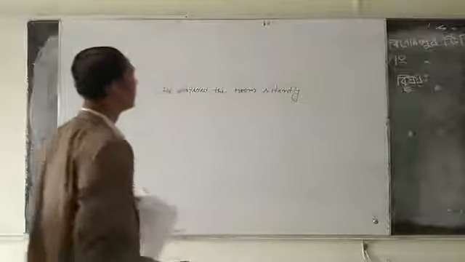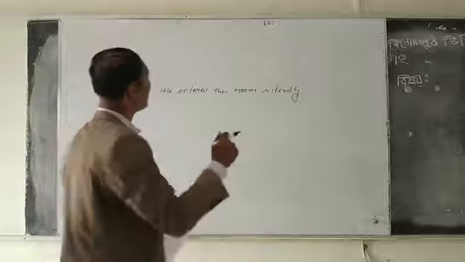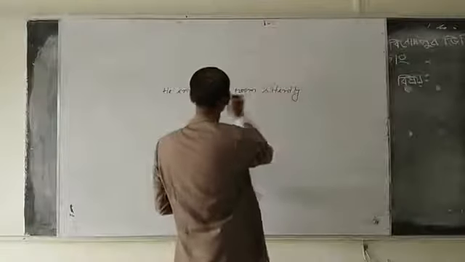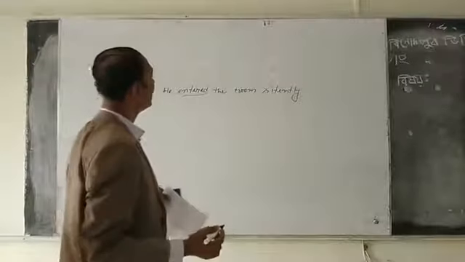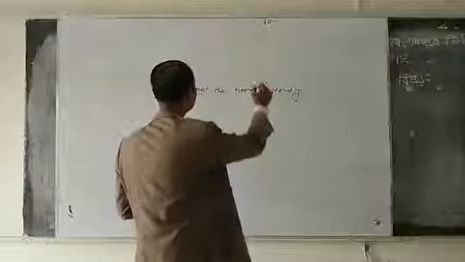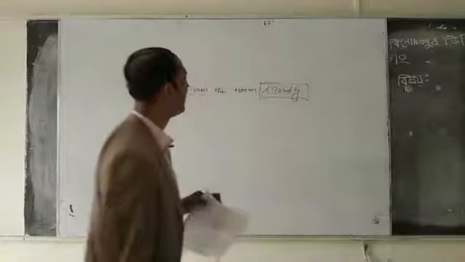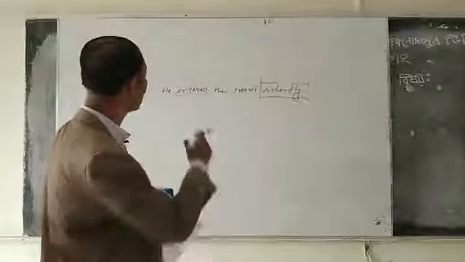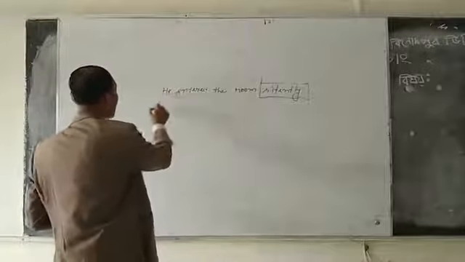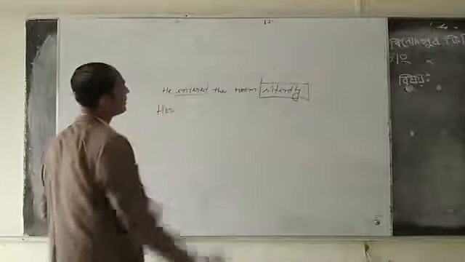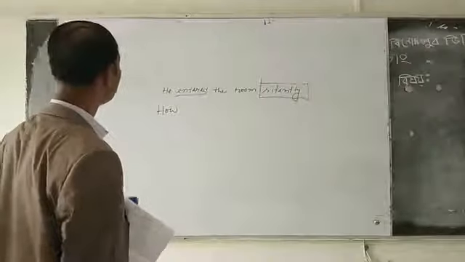In this sentence, we get information about the way of action. That means here we get information about manner. If we get the information about manner or way of behaving or way of action, we will use how. Okay, we will use how as the WH word.